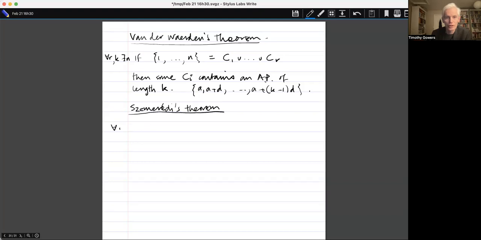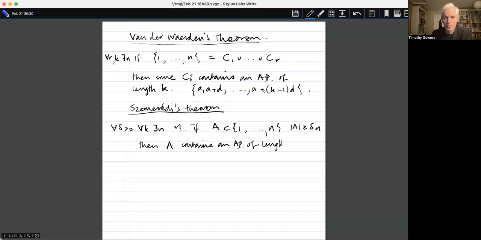For all delta greater than 0 and for all k, there exists an n such that if A is a subset of 1 to n and has density at least delta, then A contains an AP of length k. Now, when I say it's a far-reaching generalization, what I really mean is we're strengthening. And let's just see why.